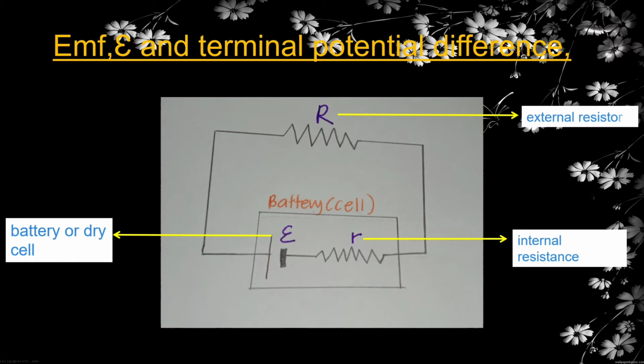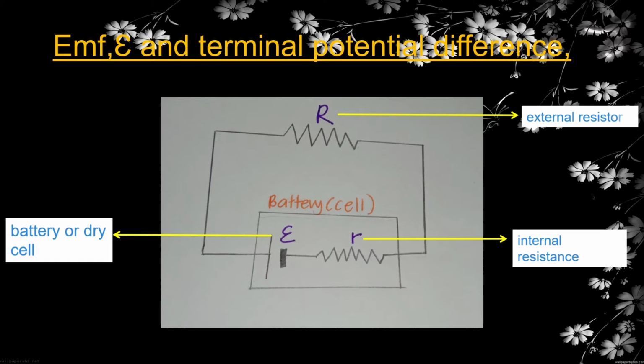Before we study what happens when current flows or when current does not flow, we have to know what is meant by EMF. EMF, or electromotive force, is the energy provided by the source, battery or cell, to each unit charge that flows through the external and internal resistance.